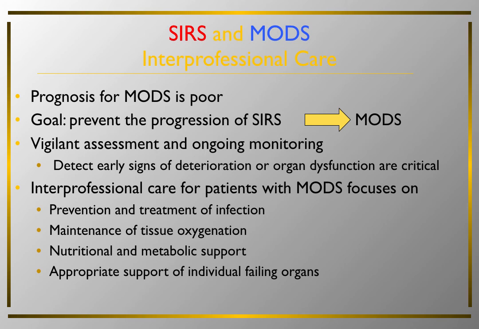Early aggressive surgery is recommended to remove necrotic tissue if that may be the issue, such as early debridement of burn tissue, that can provide a culture medium for microorganisms. Of course, prevention and treatment of infection would be key, especially the source that's causing the infection, and early antibiotics would be helpful. And certainly in these hypermetabolic states, some nutritional and metabolic support, as well as appropriate support of individual failing organs.